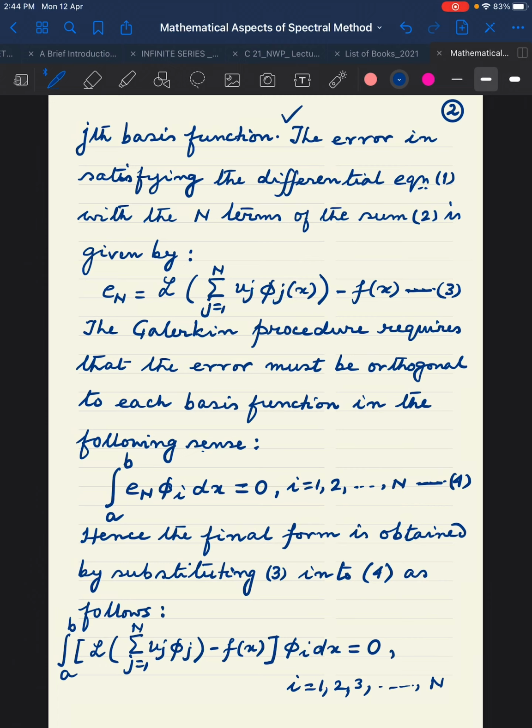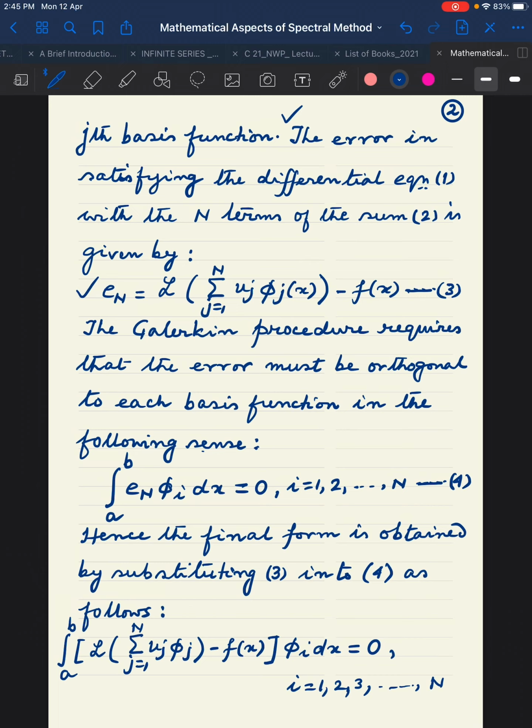So the error in satisfying the differential equation (1) with the n terms of the sum (2) is given by L(Σ uj φj) − f(x). If it were Lu − f(x), then this error could have been 0. But since we have approximated u with the summation, some error has occurred, and that is given by (3).